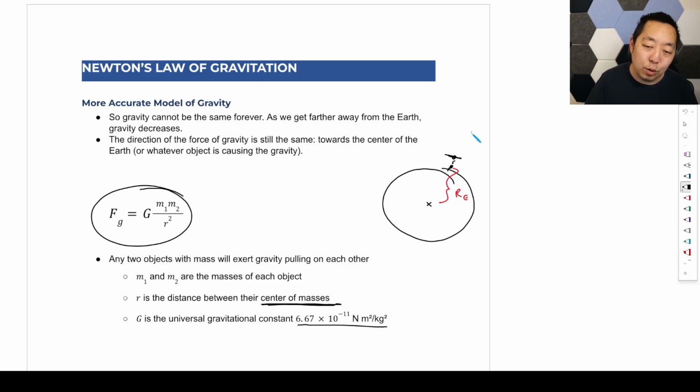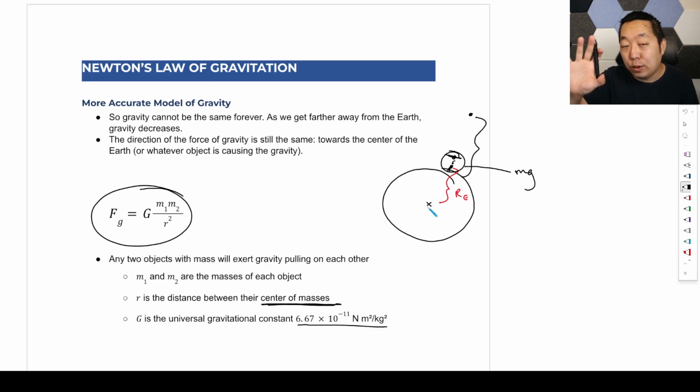It's only when you go really, really high up that this distance starts to matter. But when we're close to the surface of the Earth, the distance isn't varying that much relative to the size of the radius of the Earth, which is why we can get away with the force of gravity here being equal to mg. But realistically, as you go up, gravity is a little bit less.